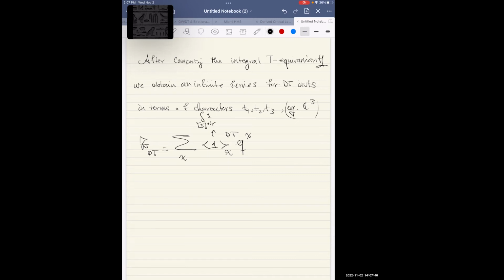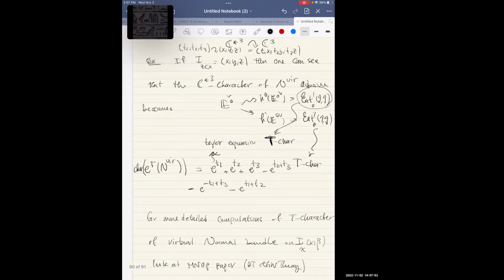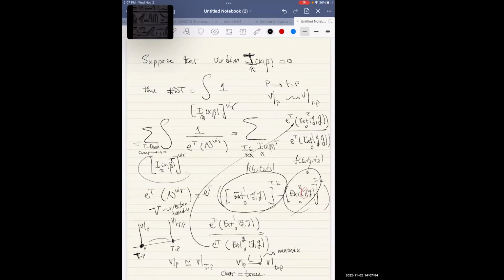This is our invariant. And that actually becomes equivariant, because as soon as you replace the virtual cycle by the torus equivariant virtual cycle of the torus fixed point, everything will see the action of the torus and everything becomes an equivariant thing and a description in terms of the torus.